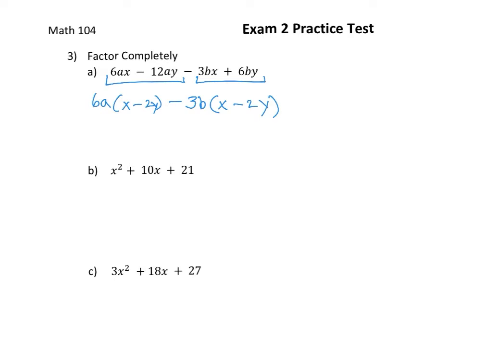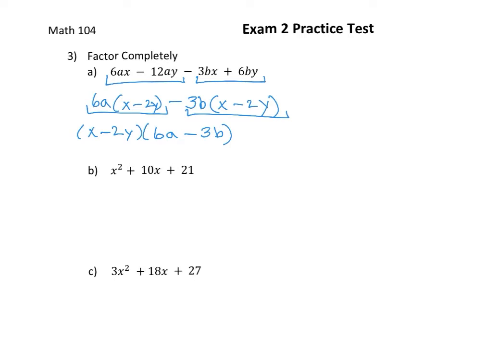So what we are going to do now is that we have factored the groups, common factor out. Each group has a common binomial factor. So I'm going to factor that binomial factor out. If I factor the x minus 2y here, we are left with 6a. If I factor it out here, I have minus 3b.